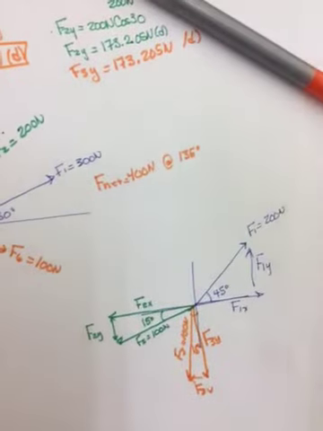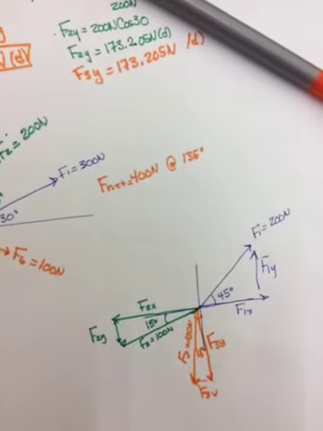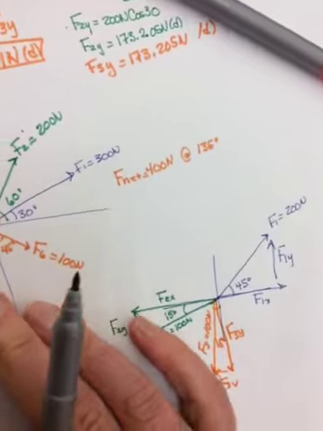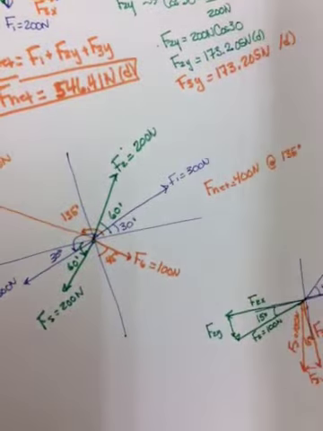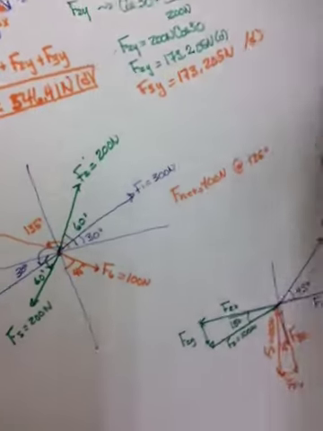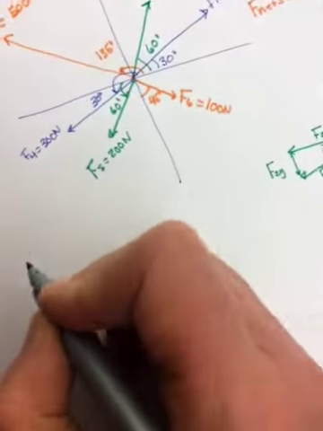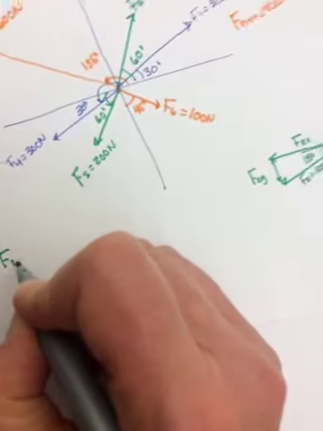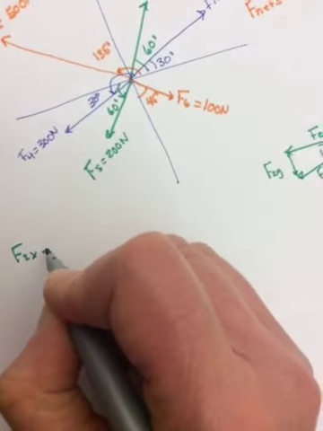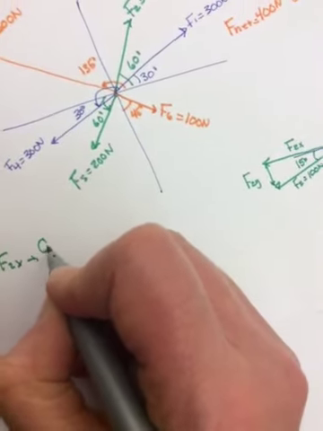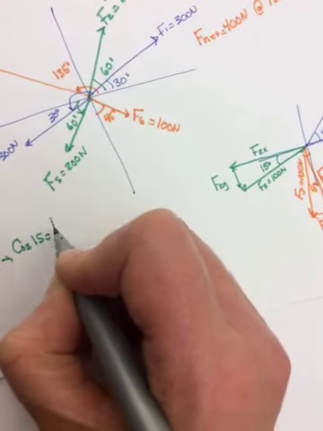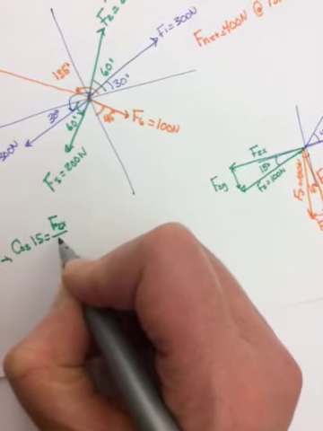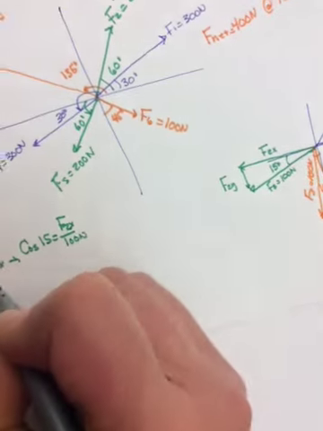Okay, so if we start with the green one, the x component is the adjacent side, so it's going to be cosine. So F2x is going to be cos, so cos of 15 degrees is equal to F2x over 100 newtons.